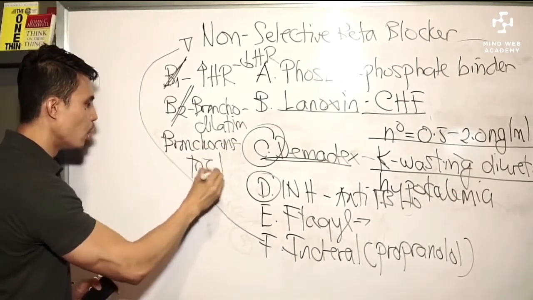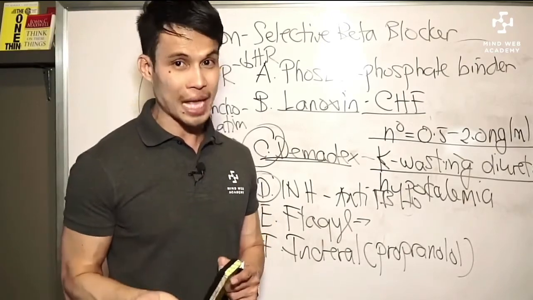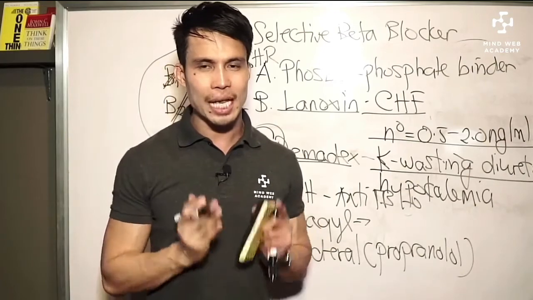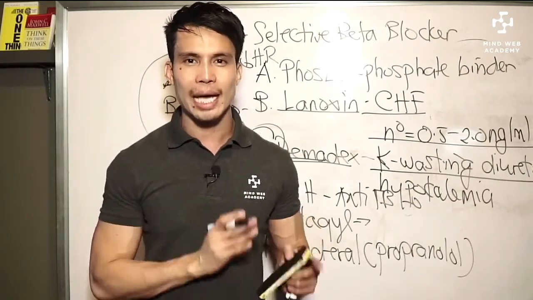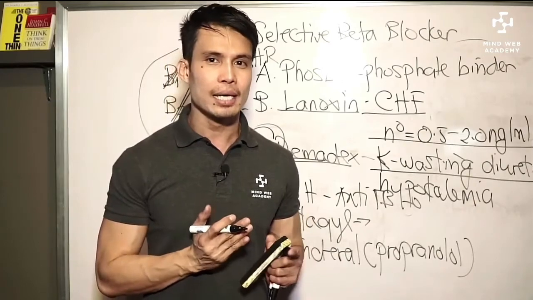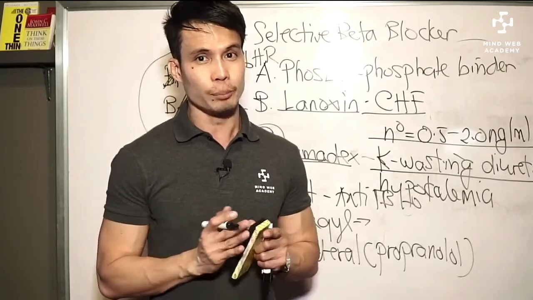Since you have bronchoconstriction, the airway is narrowed this time. So can you give propranolol or a non-selective beta blocker to a client with bronchial asthma? A bronchial asthma patient has a characteristic manifestation of bronchoconstriction or bronchospasm.